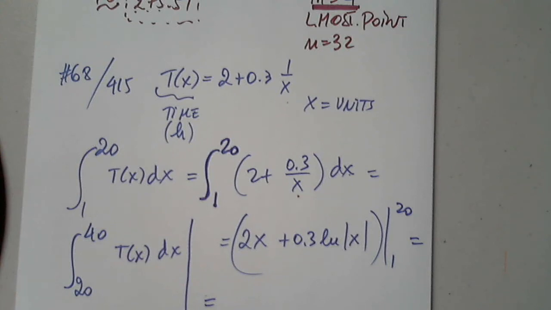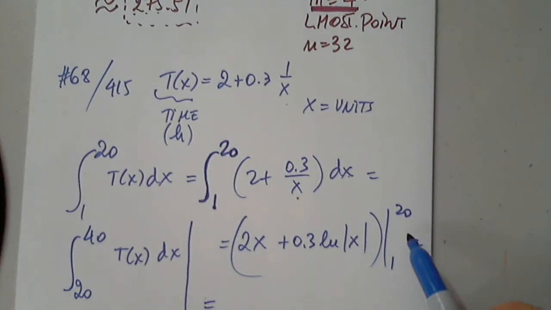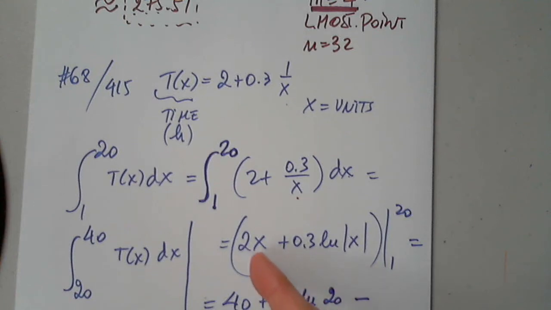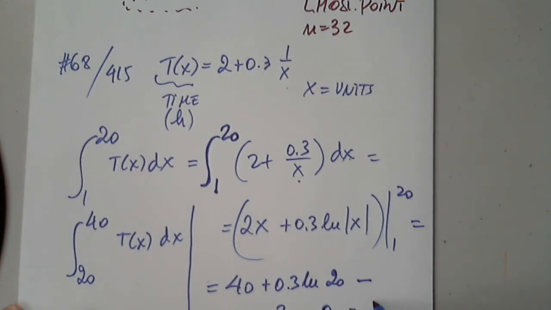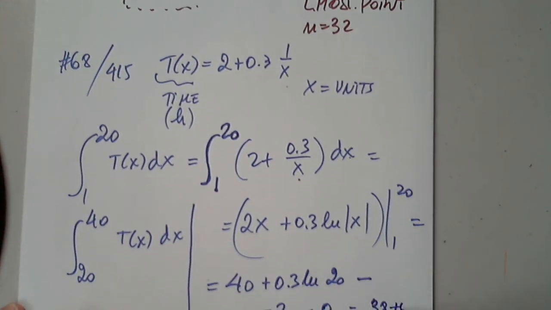So we have 40 plus 0.3 natural log of 20, minus when I plug in 1, but that's 0. So the answer will be 38 plus 0.3 natural log 20. Is that better now?